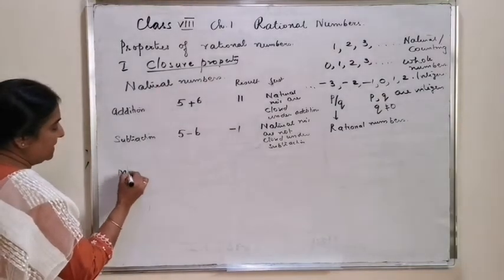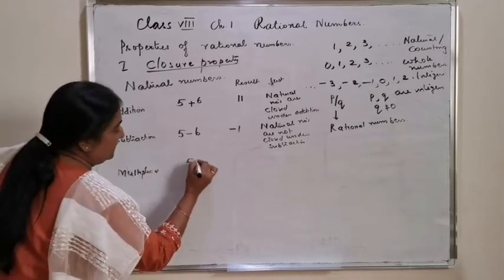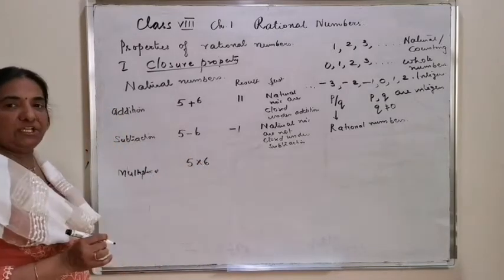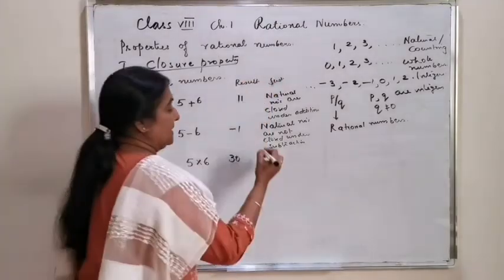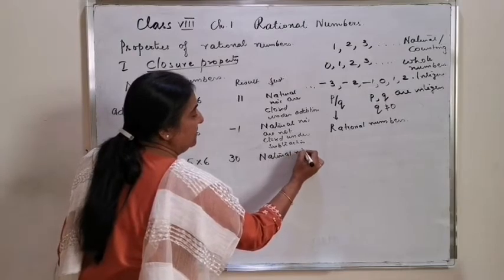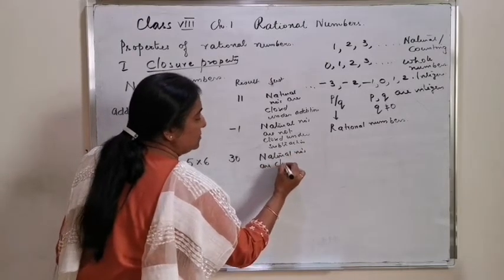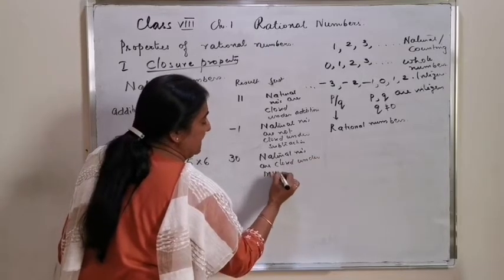The two natural numbers are 5 and 6. 5 into 6 is 30. Again, it is also a natural number, so natural numbers are closed under multiplication.